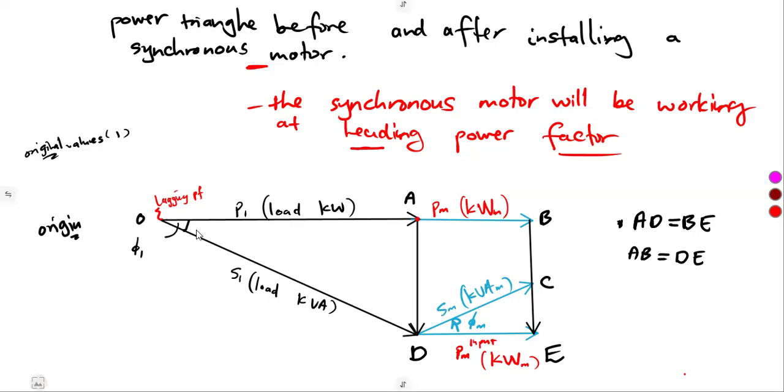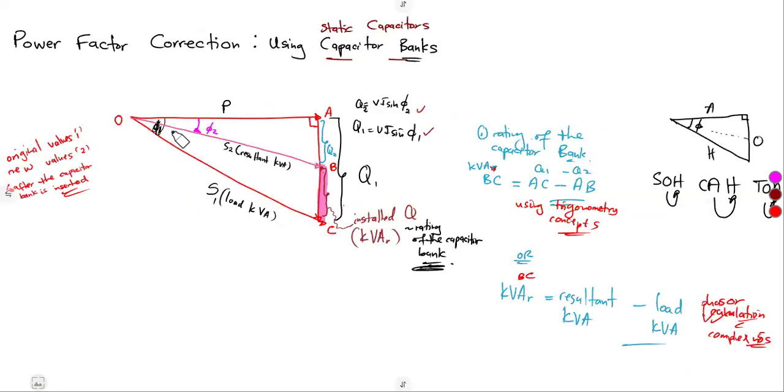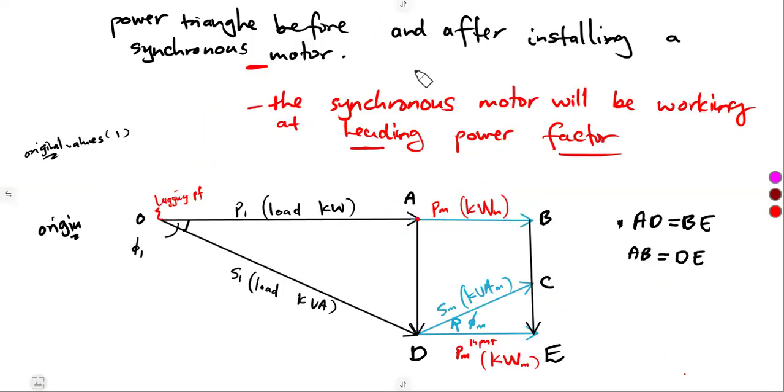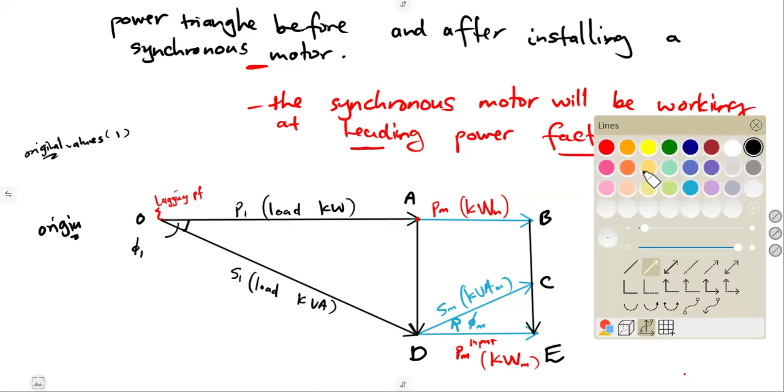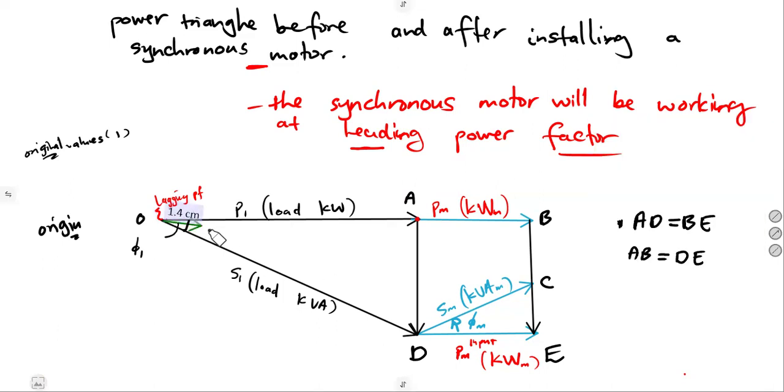We are going to notice the resultant, just like the previous case, our resultant here of the kVA. After we have connected our synchronous motor, this time our resultant is going to be like this. It is going to be taken from the origin to the point C. That is going to represent our resultant.